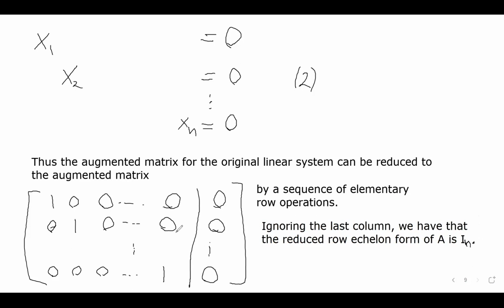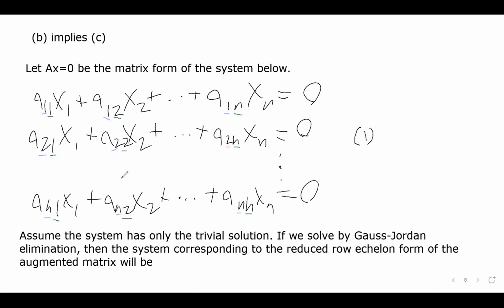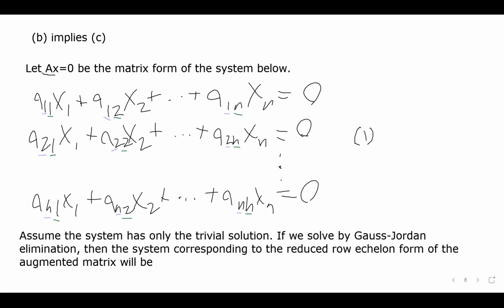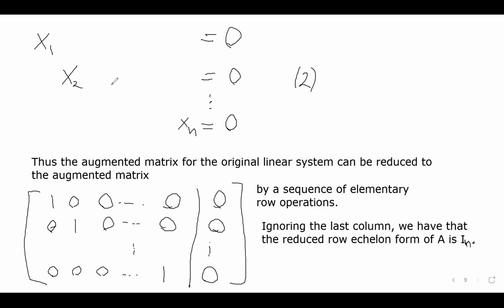Okay, so what we did was show that the original coefficient matrix, capital A here, is the coefficient matrix describing the coefficients on the left-hand side of the equal sign. When we simplify this linear system as far as we can go, we get this final linear system. Correspondingly, it's telling us that the coefficient matrix of the original system, when we do elementary row operations to get it to reduced echelon form, gives the left side of this.